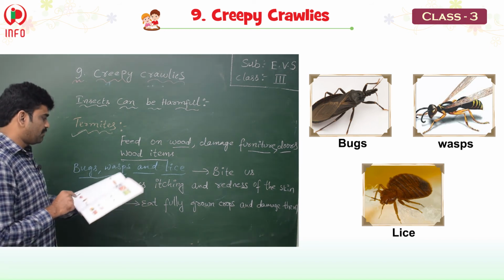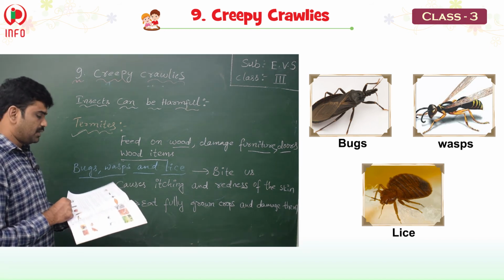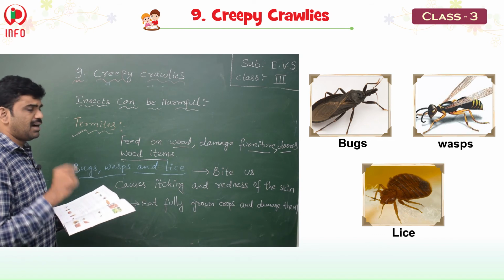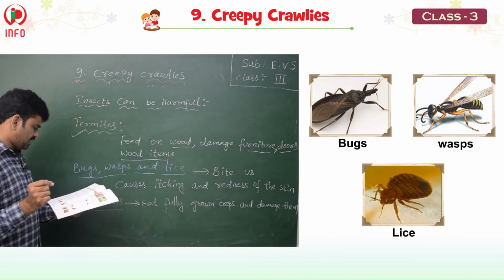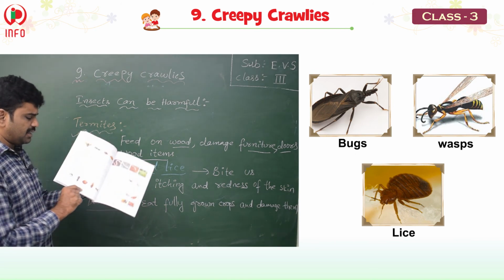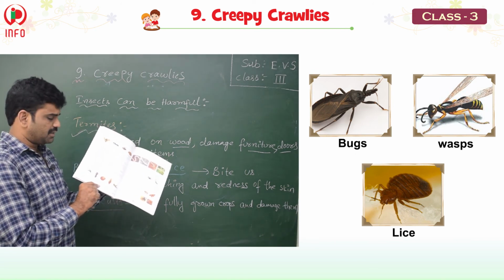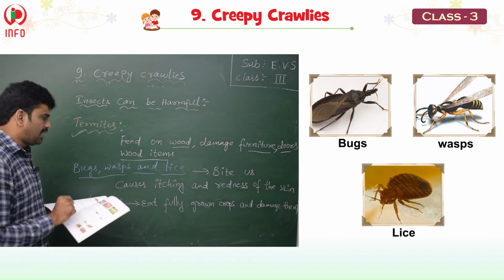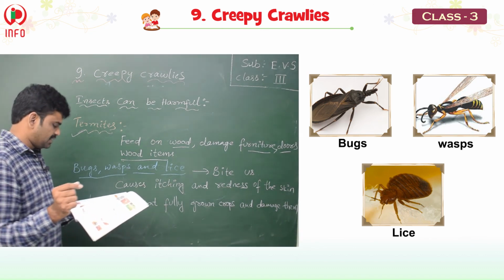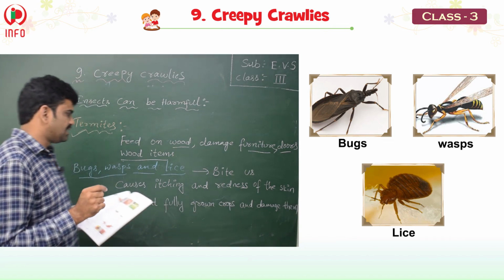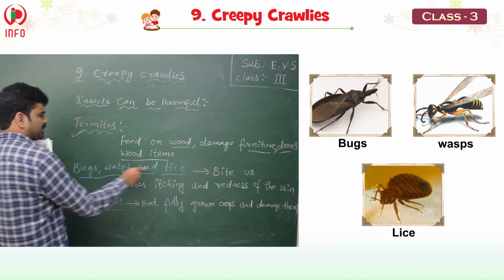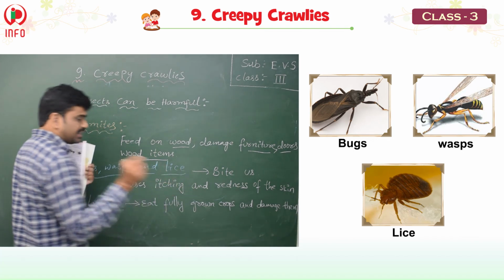Next one is bugs, wasps and lice. Already I told you about the wasp. These wasps are usually yellow in color, very small insects, and here in the third diagram, the bug is there. And lice, you know lice, children, which are present on our heads in the hair. So bugs, wasps and lice are also harmful insects. They bite us.